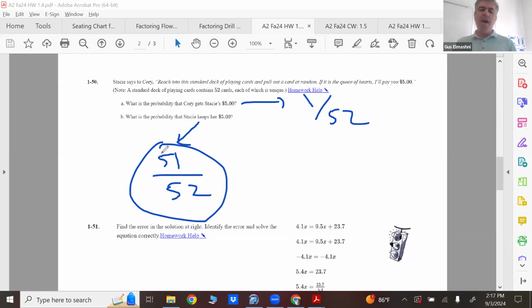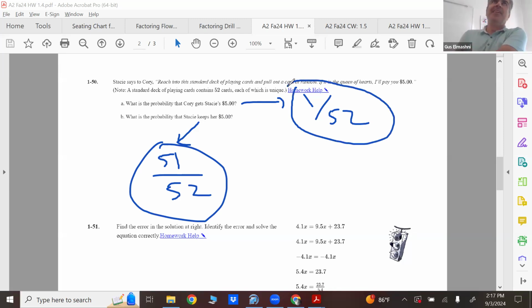Probability I like to call, I don't know why people use this term, the redheaded stepchild of math. And I don't know where that term comes from. It's a weird term, but anyway, it's the one thing we just don't care about in math because sometimes we just throw it to the side.